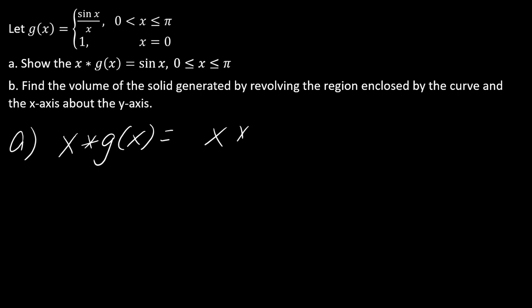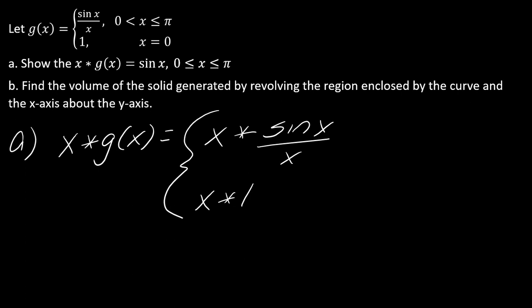So I have x times sine of x over x, and then I have x times 1. So I've literally just gone through and taken the pieces. Maybe you feel awkward doing that, but that's literally what we're being asked to do here.